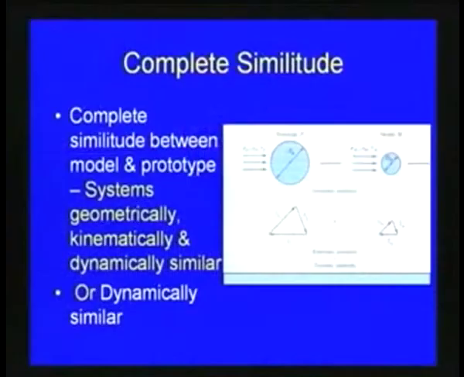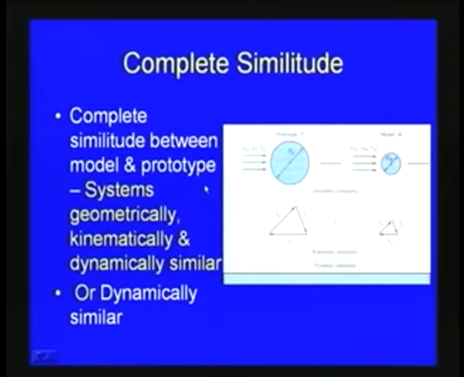Now, when we discuss similitude or similarity in the modeling, we say that a complete similitude between the model and prototype is met whenever we consider geometric similarity, kinematic similarity and dynamic similarity. So, we say that in the case of a model, whenever the system is geometrically, kinematically and dynamically similar, complete similitude is achieved with respect to the prototype and the model.